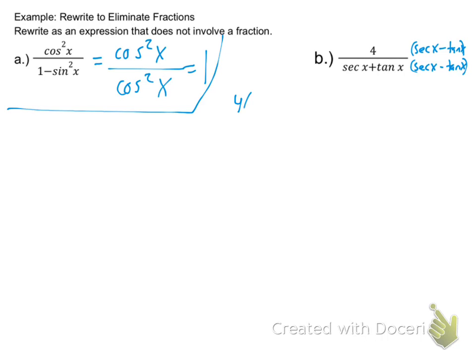And so you're left with 4 secant x minus tangent x all over secant times secant is secant squared x. I can do minus a tangent secant, add a tangent secant, which then they disappear, and then it's minus tangent squared x.